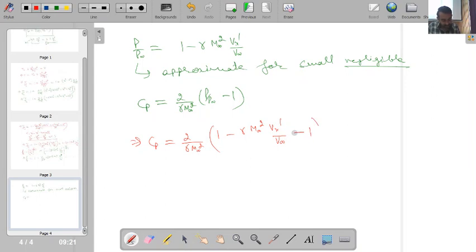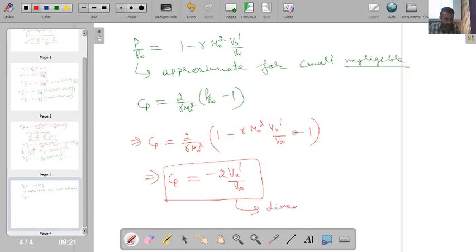So 1 will cancel, gamma M infinity square will cancel. Ultimately, I will get Cp is nothing but minus 2 Vx dash by V infinity. Okay. So this we call as our linearized pressure coefficient.